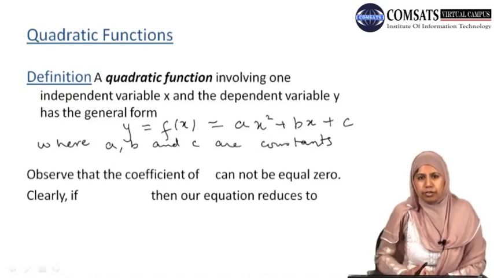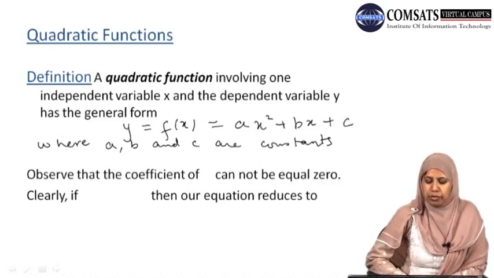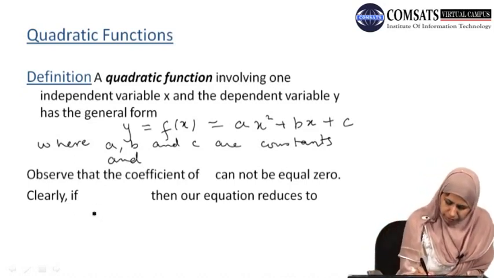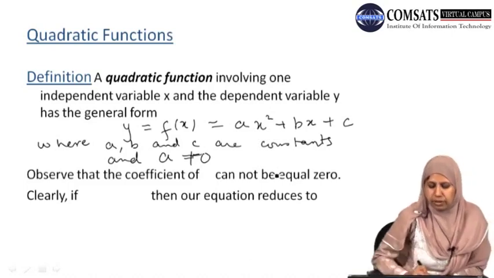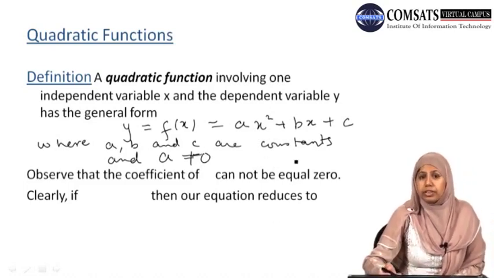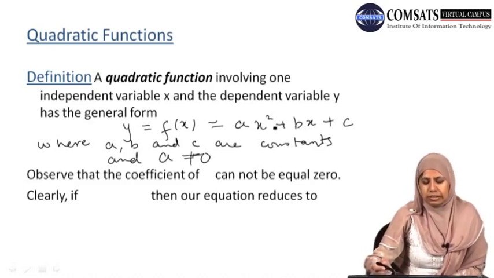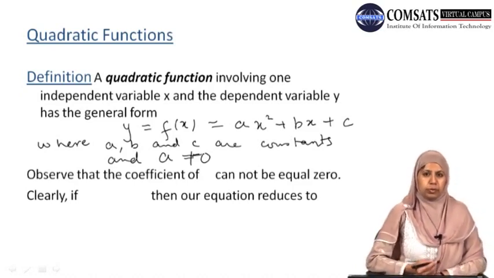And is this all we need to define our quadratic function? No, we further need one more condition: our constant a should be different from 0. That is, the coefficient of x², the coefficient of the highest degree, should be different from 0.